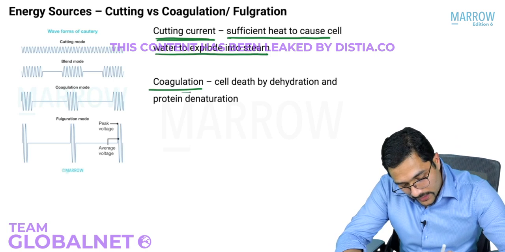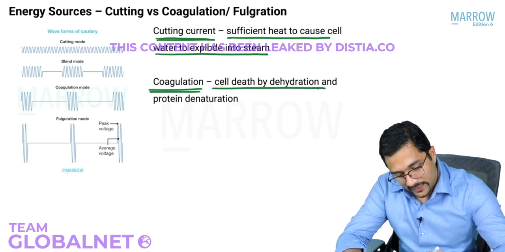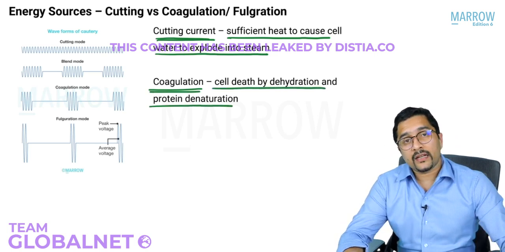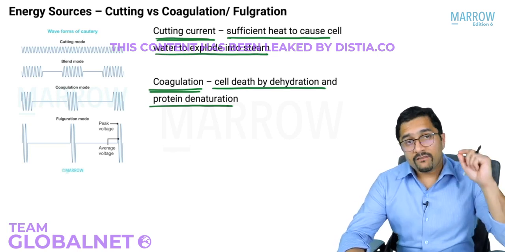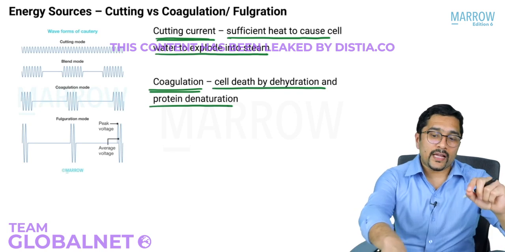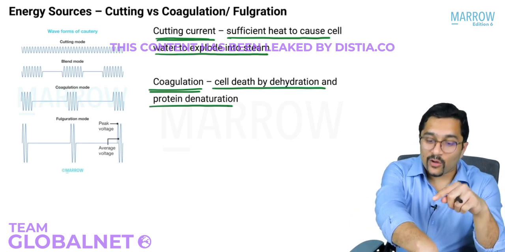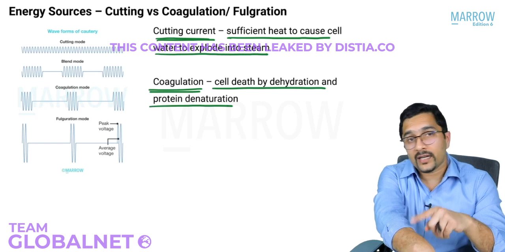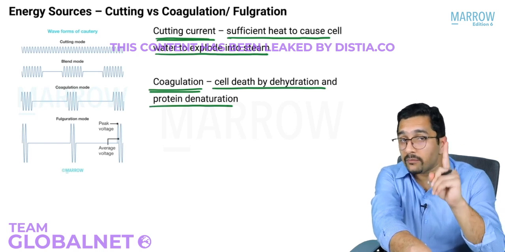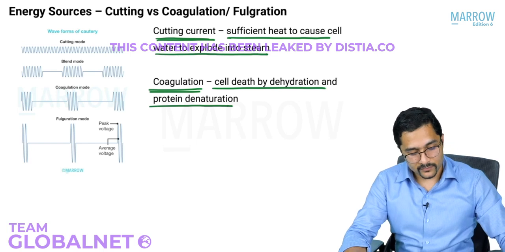Whereas in coagulation, cell death is caused by dehydration and protein denaturation. Right? Protein denaturation. We never apply coagulation to the skin, because if you apply coagulation to the skin it will get burnt, right? So no coagulation to the skin. Please remember that point as well.